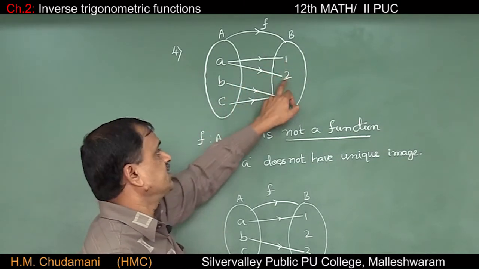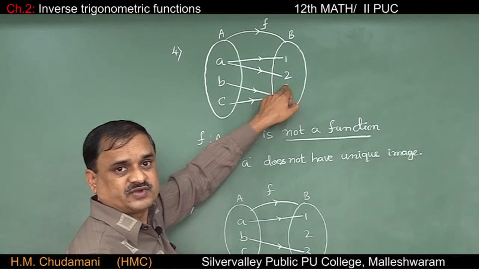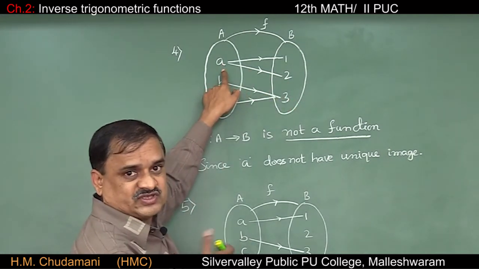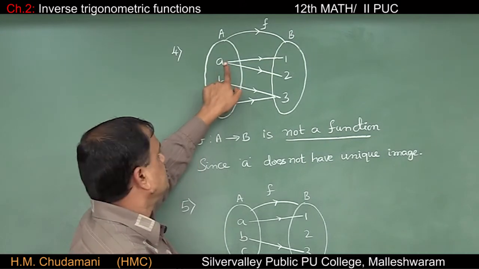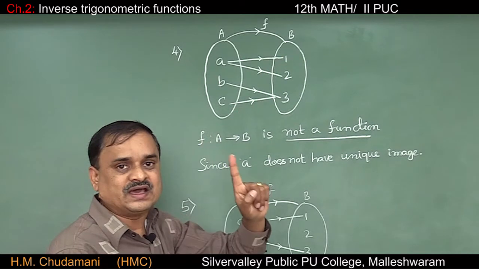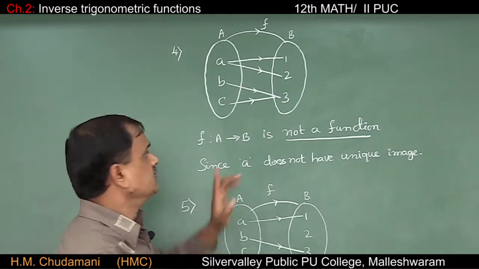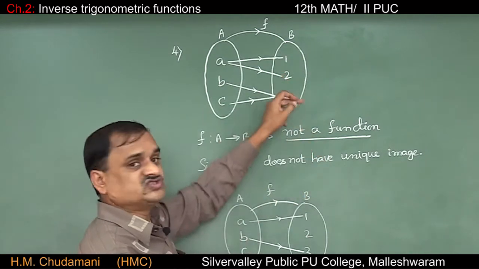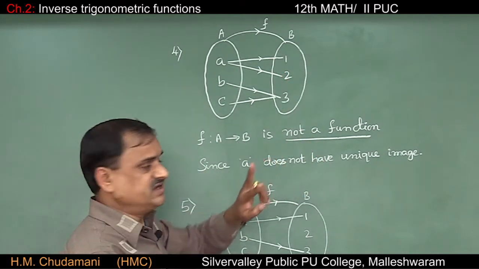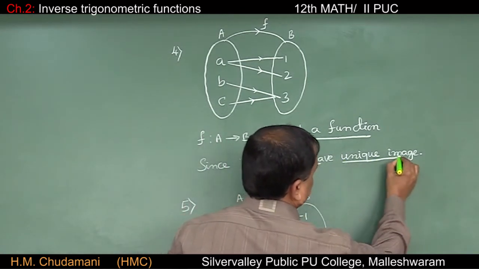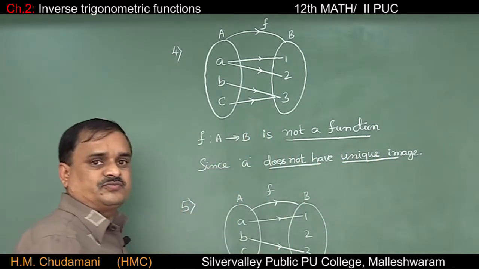Just like the previous example, in a subject you cannot have two different marks in an examination, correct? So A does not have a unique image, it has two images, right? That's why it is not a function.